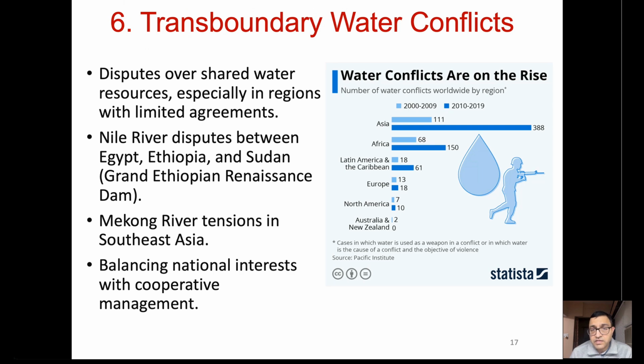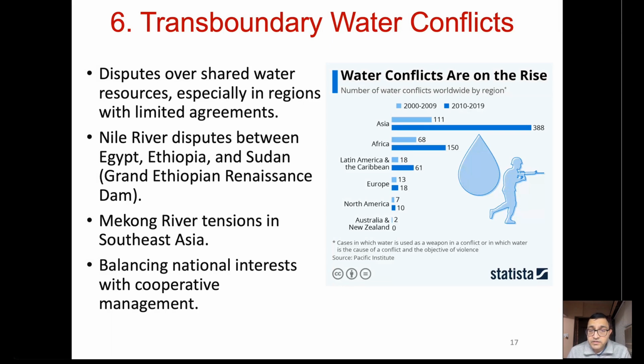The schematic on the right shows that many of these issues have increased in the last couple of decades. Asia has a lot of these issues. There are a lot of people there, so that makes for more strife associated with these water sharing agreements.